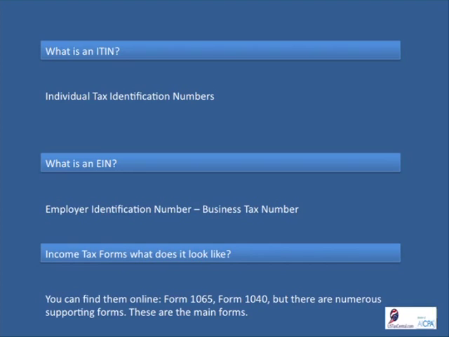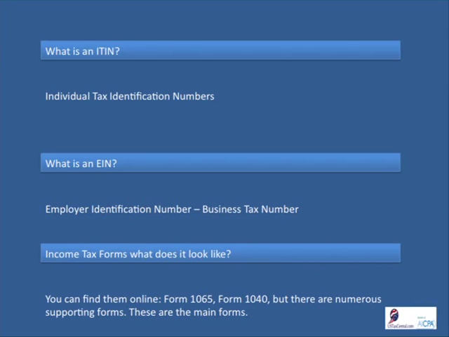Then the next tax file number is called an employer identification number, which is a business tax number. Usually when you have LLCs, you're going to have an EIN, but sometimes you'll need to obtain both the individual identification number, the ITIN, and the EIN also. Just like in Australia, you have your own personal TFN, and you also have an ABN.